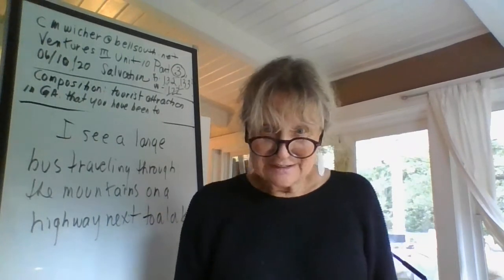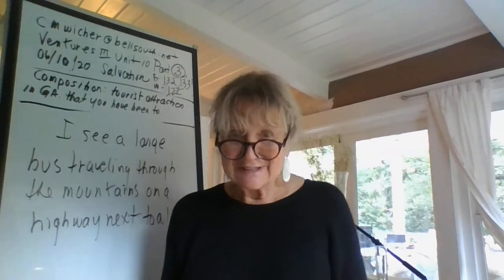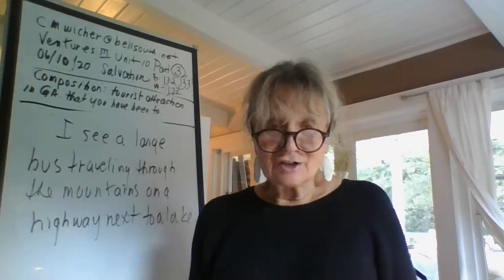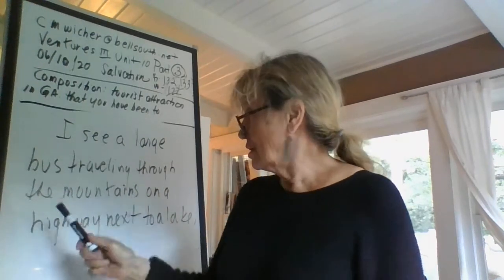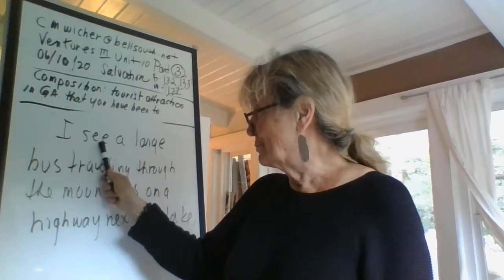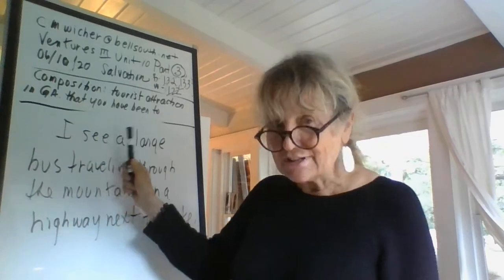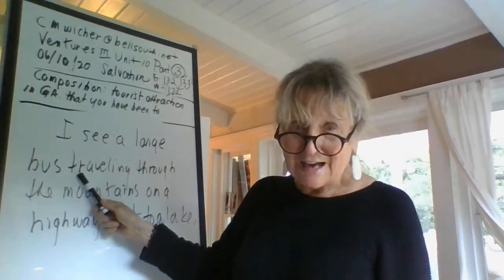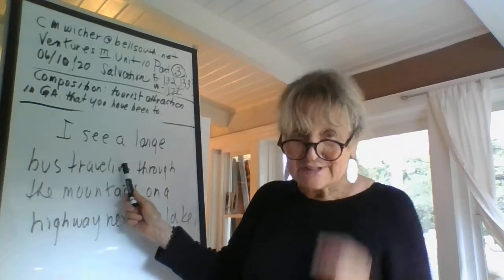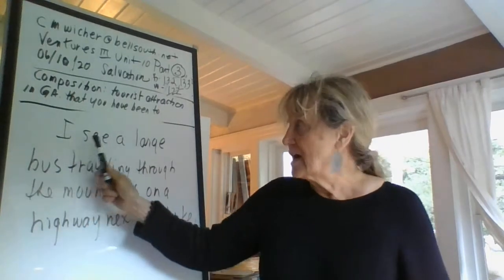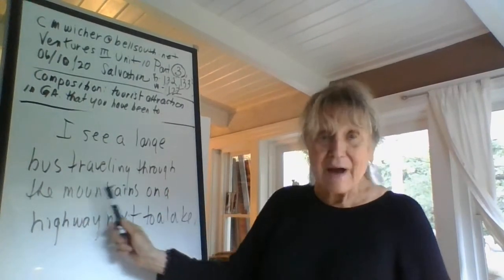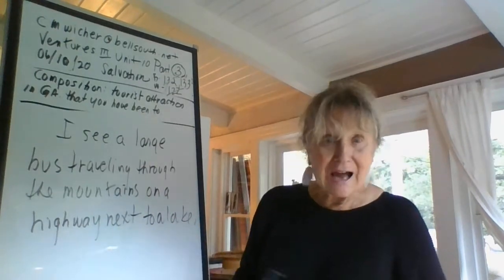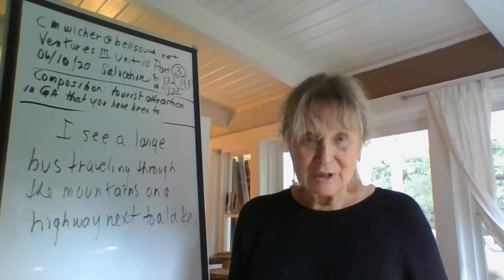There's actually a lot in this picture. So the first thing you see is a large bus, right? A large passenger bus. Subject, verb. What do you see? A bus. What is the bus doing? It's an action, traveling. So this is going to be a gerund. I see a bus traveling through the mountains on a highway next to a lake.